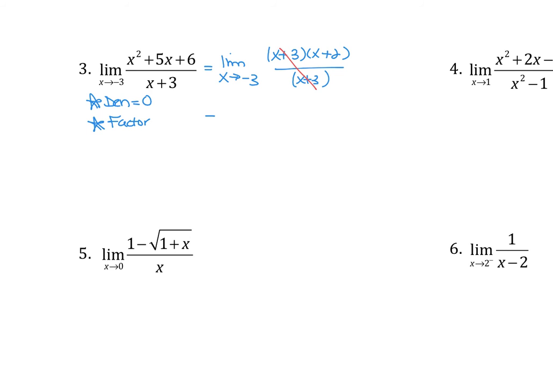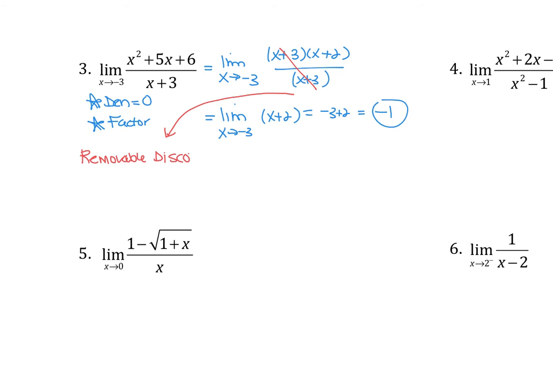So what we're left with then is the limit as x approaches -3 of x plus 2. And then I can do direct substitution. So -3 plus 2 would be -1. So let's take a look. What ended up happening here when you reduce out is we are creating what's called a removable discontinuity.